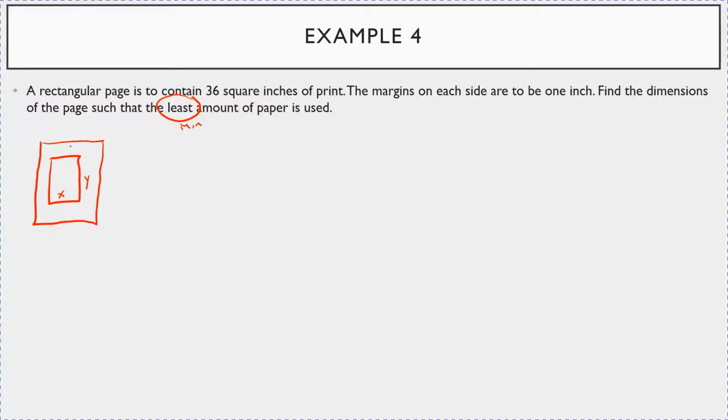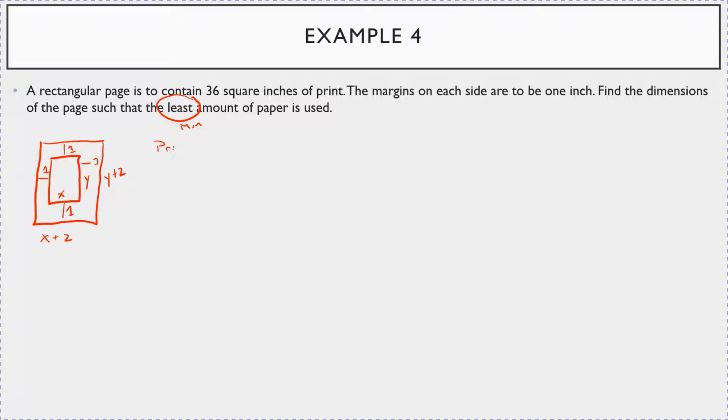So this is 1 inch, this is 1 inch, this is 1 inch, and this is 1 inch. So the total length down here is actually x plus 2. And the total width up here is y plus 1 and 1, is y plus 2. And so we want to minimize this total area here. This is the total area we want to minimize because that's all the paper.